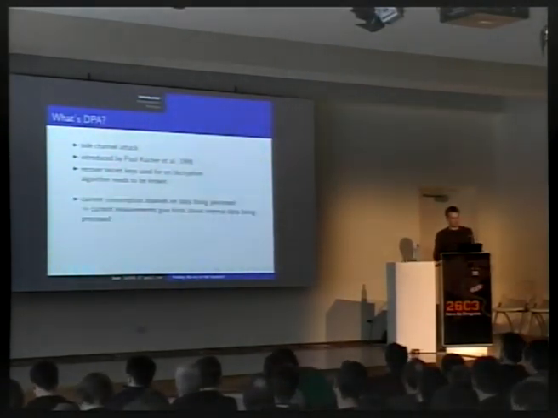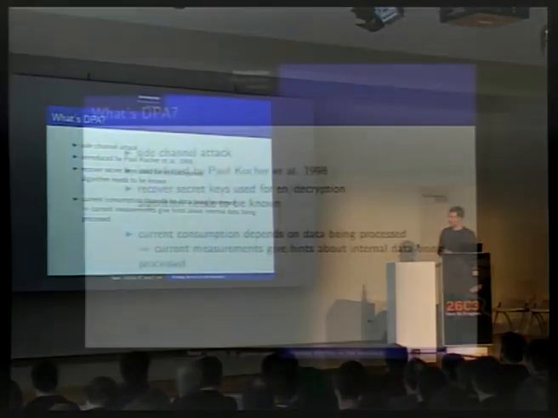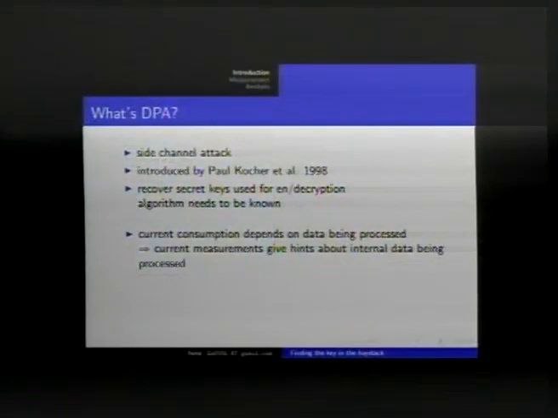The DPA works by measuring the current consumption. This consumption of the device depends on the data that is being processed, and thus the current measurements give hints about the internal data. And so we are able to find the key.